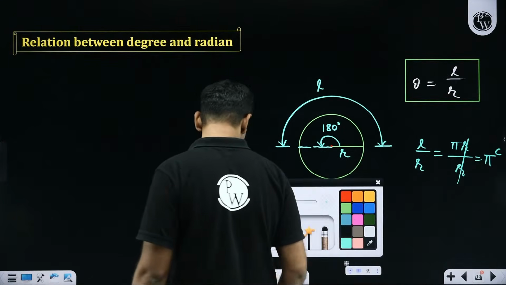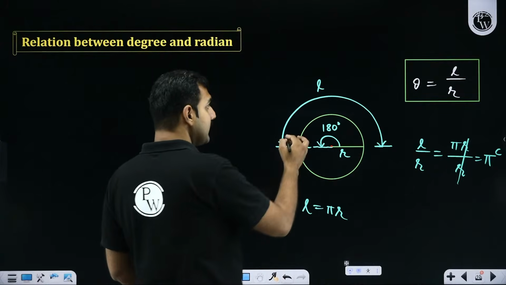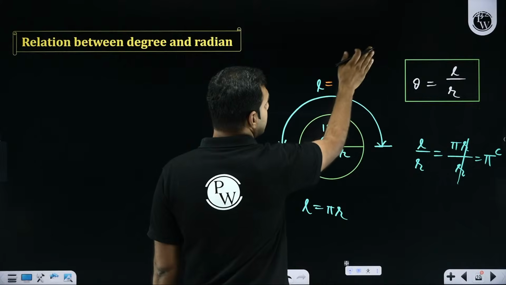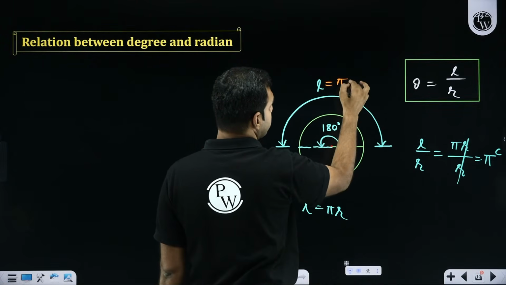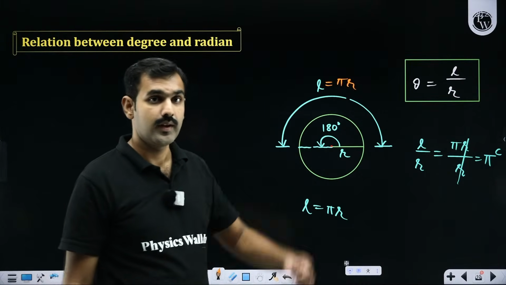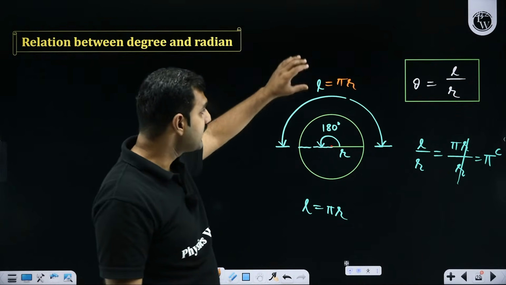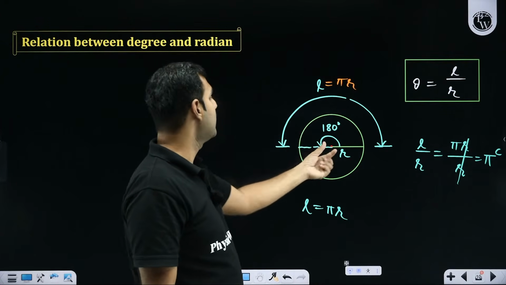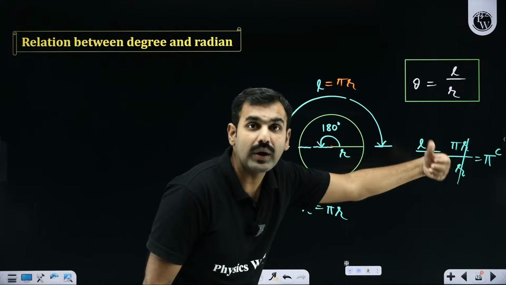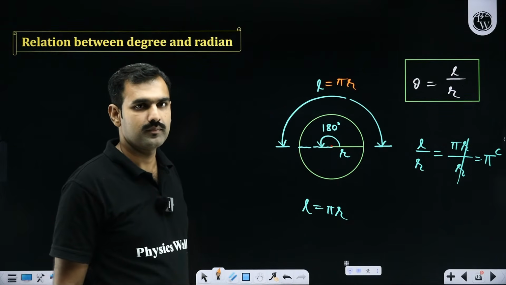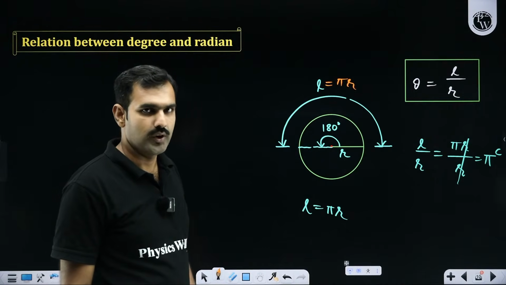What did I just say? I said that this semicircle, which is having a length pi r in terms of arc, will subtend an angle pi radian on its center. Yes or no?